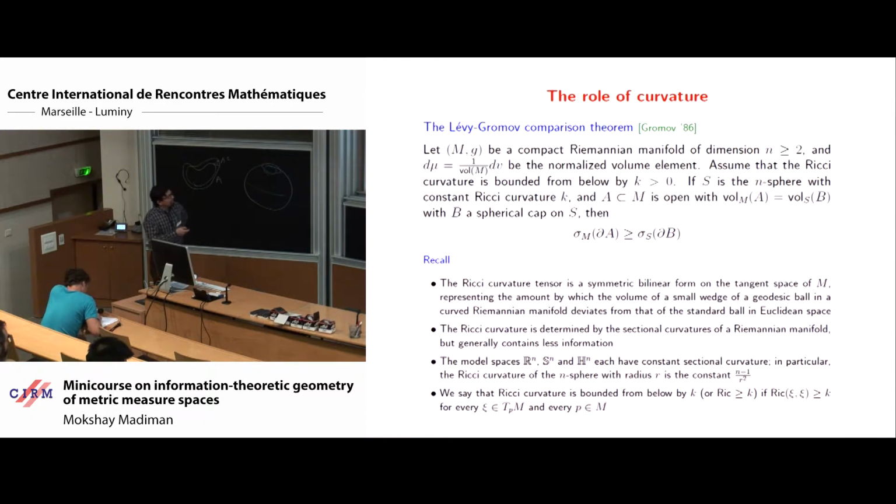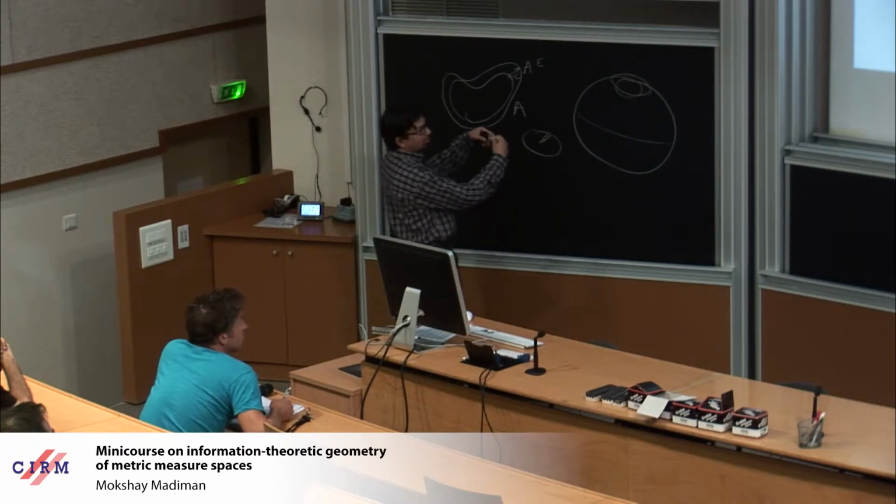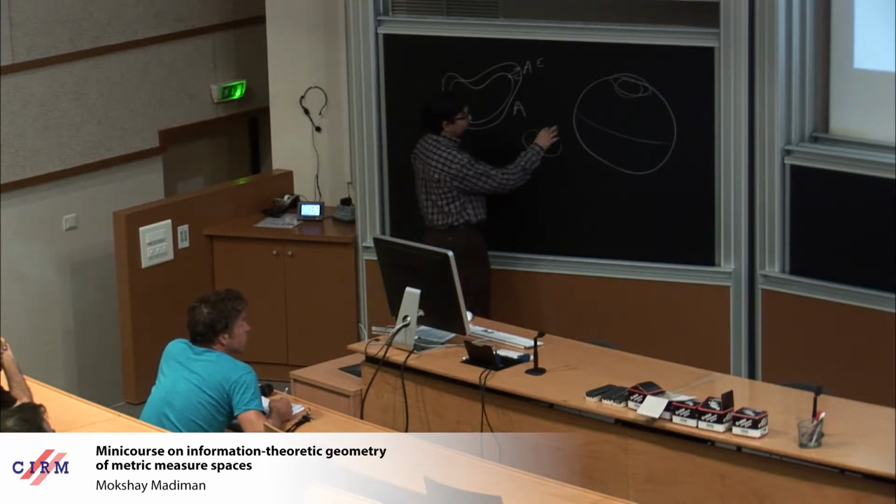So before I parse this statement, let me say something about Ricci curvature. The Ricci curvature tensor is a symmetric bilinear form on the tangent space of M, and it represents the amount by which the volume of a small wedge of a geodesic ball compares. So let's say you have a geodesic ball in the space, then you look at a small wedge of this geodesic ball and you compare the volume of this to the volume of a similar small geodesic ball in Euclidean space.